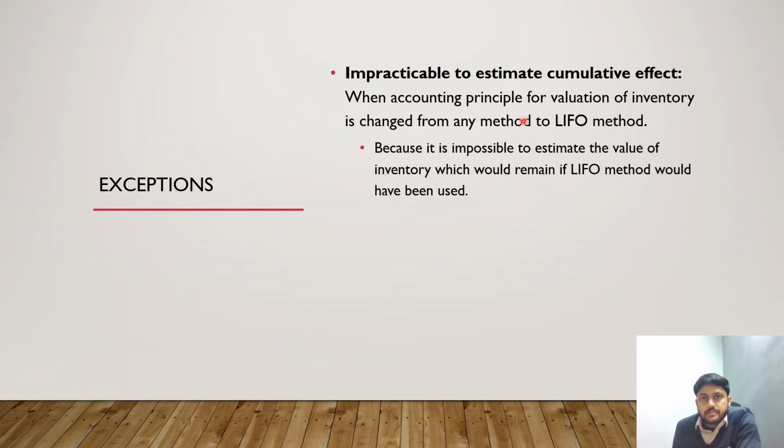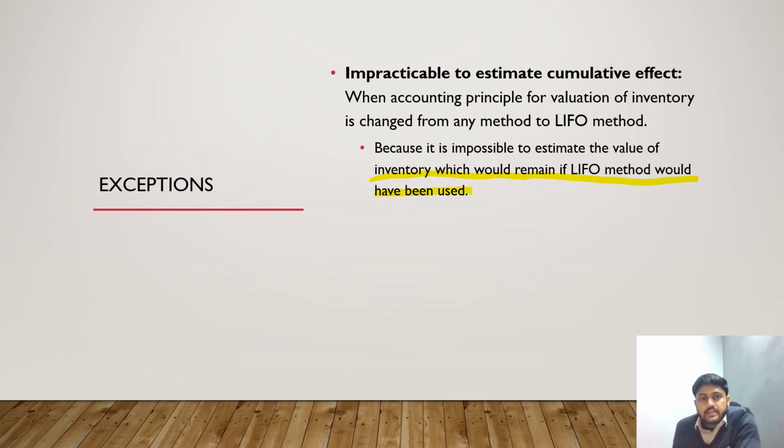When accounting principle for valuation of inventory is changed from any method to LIFO method. In case of LIFO method, you cannot estimate what inventory would have been in stock if LIFO method had been used, right? Because it is impossible to estimate the value of inventory which should remain if LIFO method had been used.